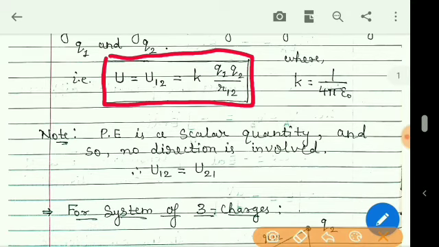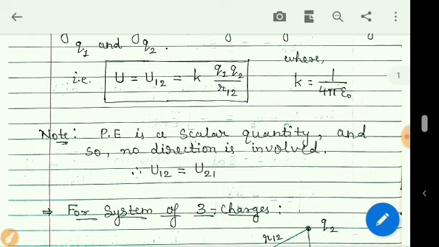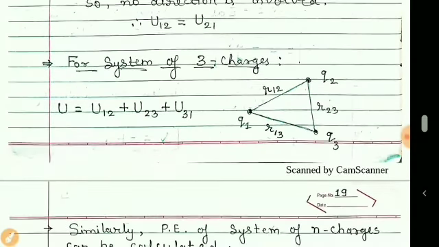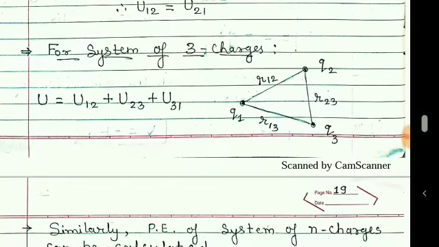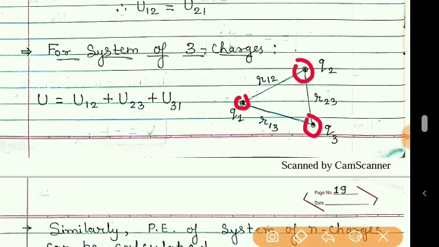Now what happens if there are three charged particles? Here you can see there are three charged particles Q1, Q2 and Q3. The distance between Q1 and Q2 is given, that is R12.